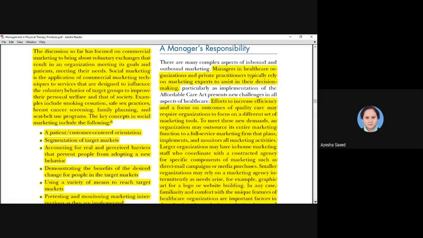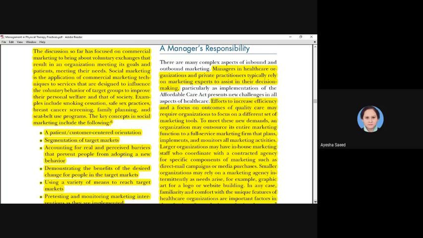Efforts to increase efficiency and focus on outcomes of quality care may require organizations to focus on a different set of marketing tools. To meet these needs, they may outsource their marketing function to a full service marketing firm that plans, monitors, and executes all the marketing functions.